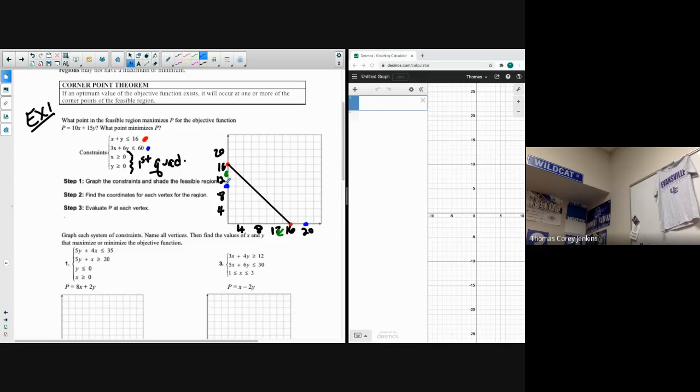Right there. All right, it is also or equal to, so I'm going to choose a solid boundary line here. I believe it is also less than or equal to, so when it comes to shading, we shade on the low side.